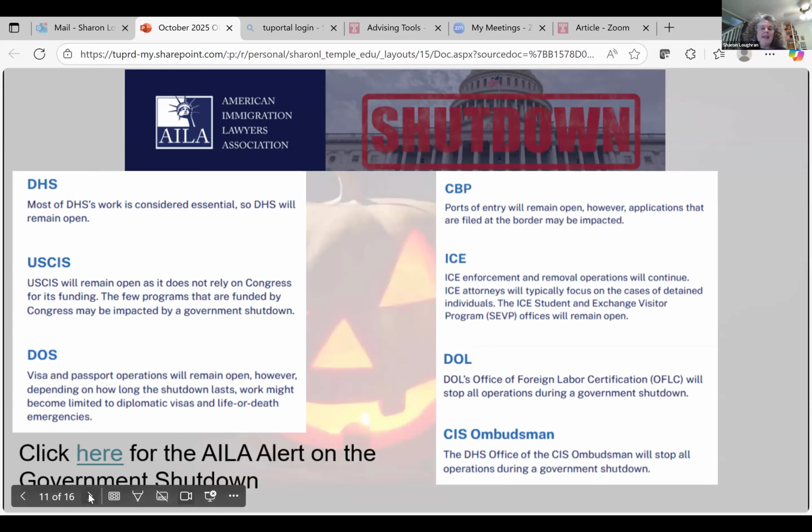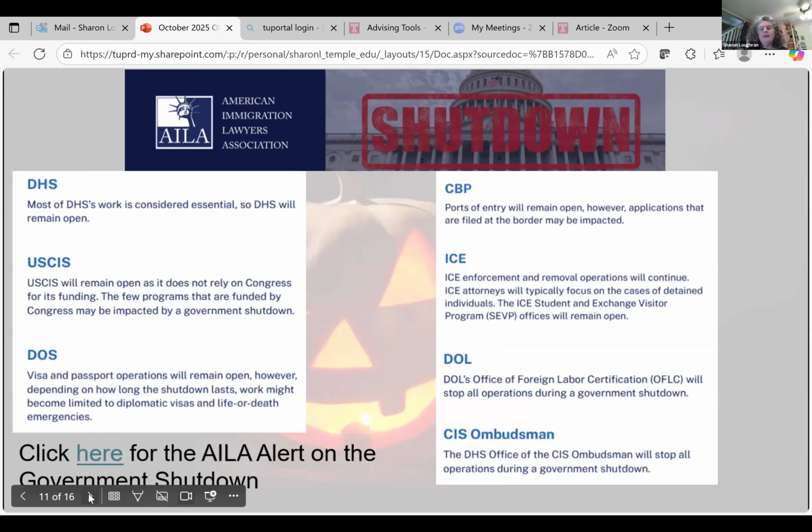For Department of State, they still will be open for visa interviews and such, but there's a real good likelihood there's going to be a slowdown there as well, because I'm sure they will start furloughing people. CBP, that's the officers at the border. Hopefully we won't see too much of a problem there, but there you go. ICE, I'm sure, will be fully funded.